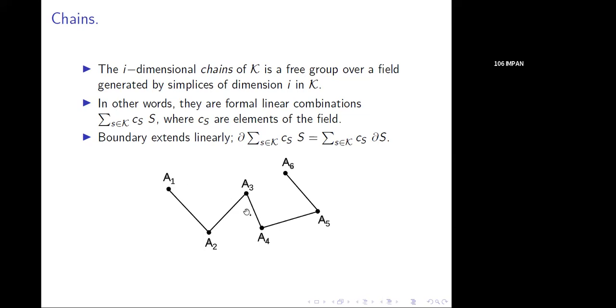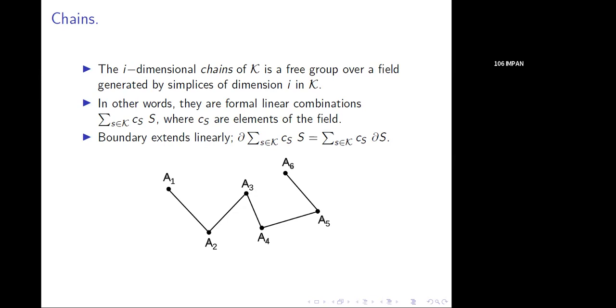So for instance, if I have this polygonal line, and I orient the simplices from A1 to A2, A2 to A3, A3 to A4, etc., then that's a chain. I can compute a boundary of a chain.